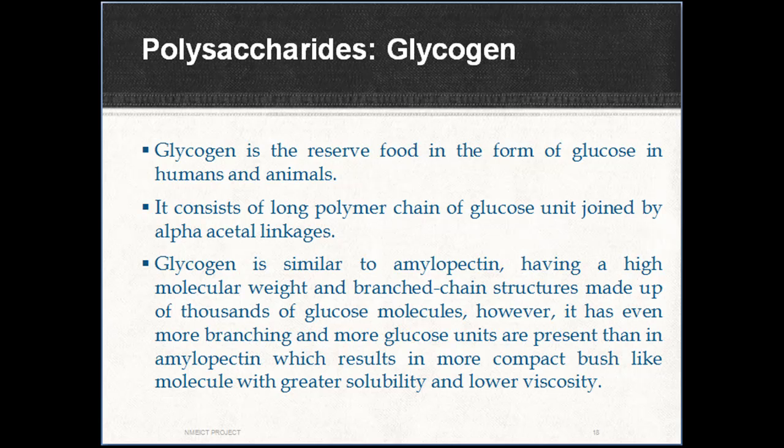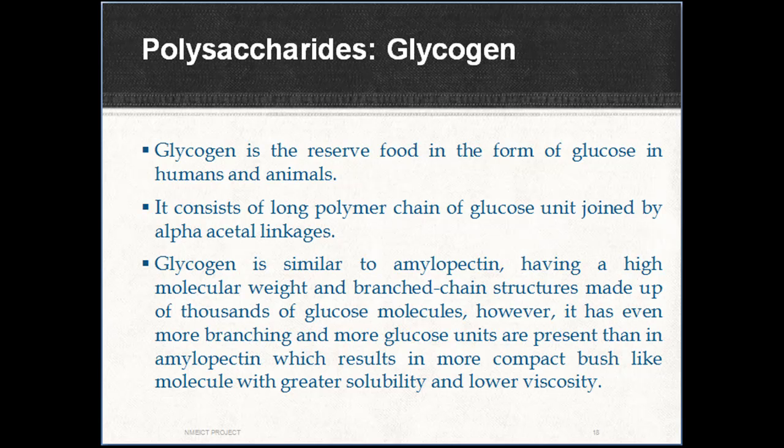However, it has even more branching and more glucose units than amylopectin, which results in a more compact bush-like molecule with greater solubility and lower viscosity. In amylopectin, the branches are separated by 12 to 20 glucose units, whereas in glycogen, the branches occur at an interval of 8 to 10 glucose units.